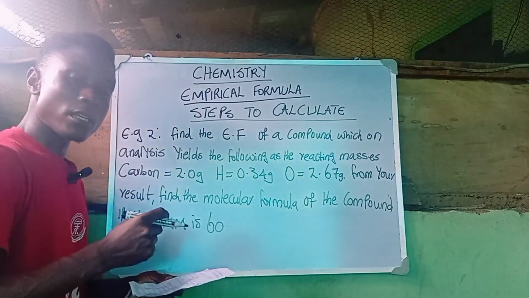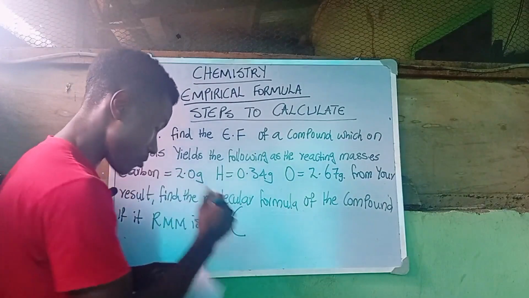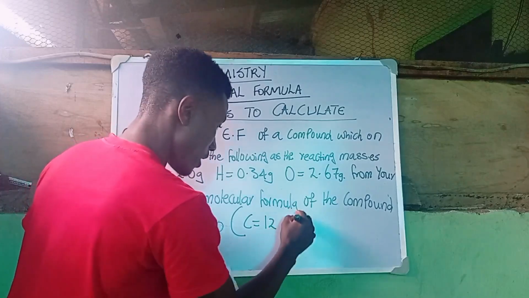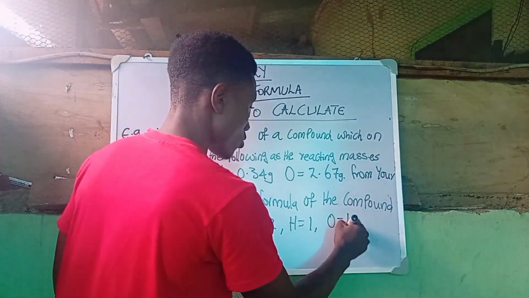So we are being given the atomic masses of each of these elements that make up this compound. So we say carbon equals 12, hydrogen is 1, and we already know that oxygen is 16. So we say oxygen equals 16.